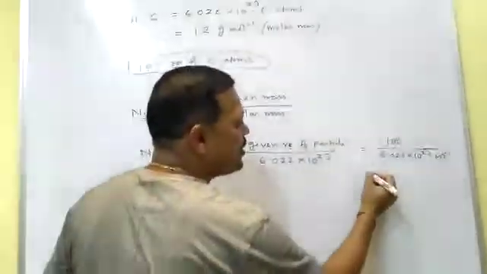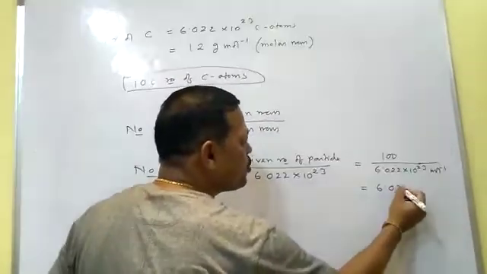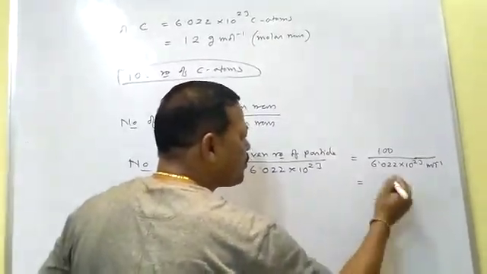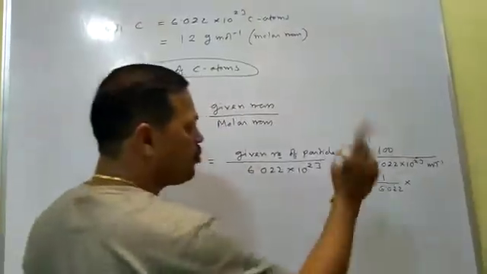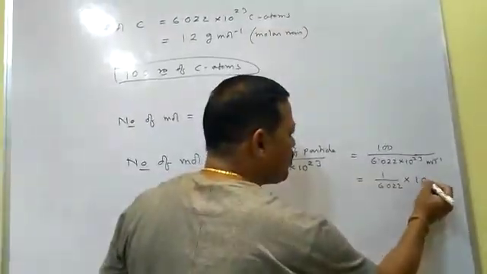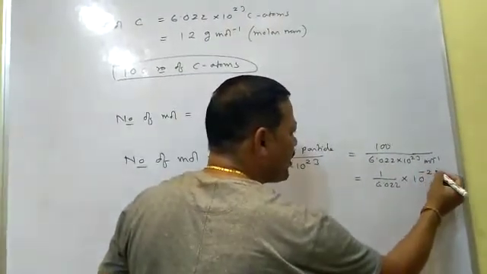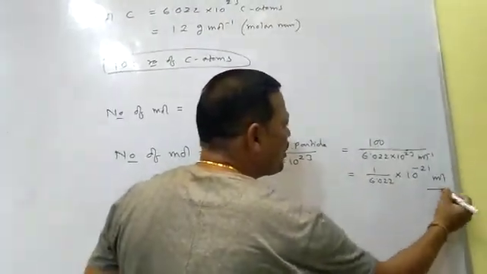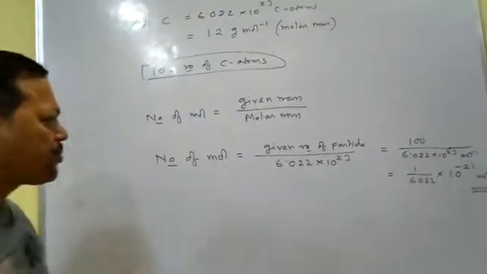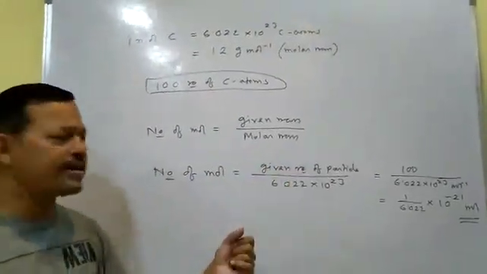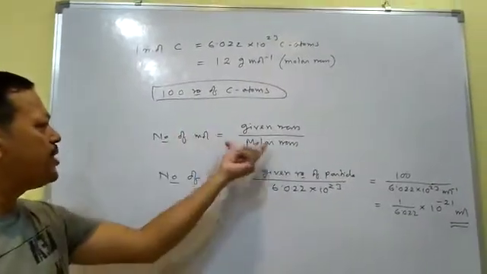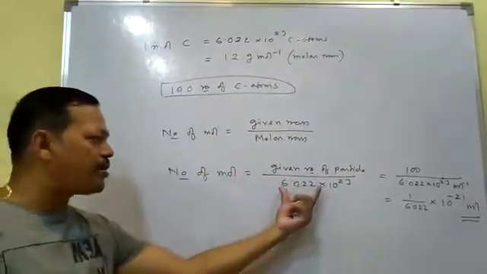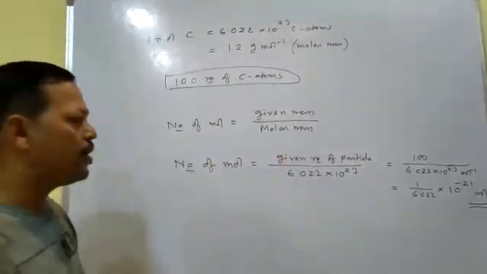So when you calculate this, you will get 1 by 6.022 into 10 to the power minus 21 mole. So this way, if number of particles is given, then always you apply this formula. If mass is given, you apply the previous formula. If number of particles is given, then you apply this formula.